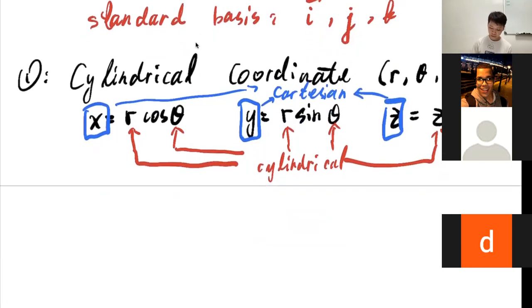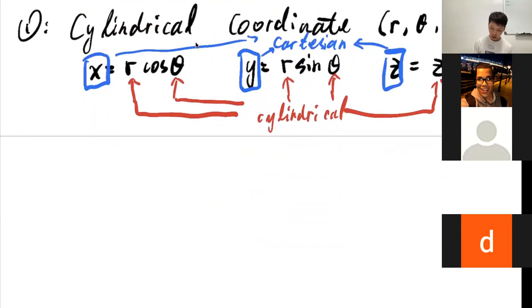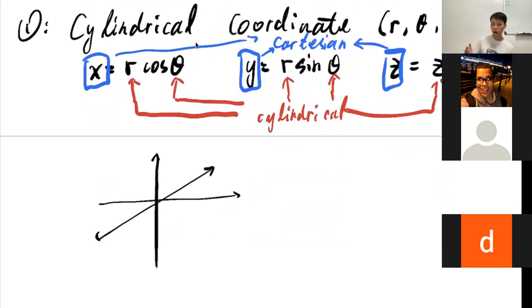A visual representation for this is that we are grouping points.